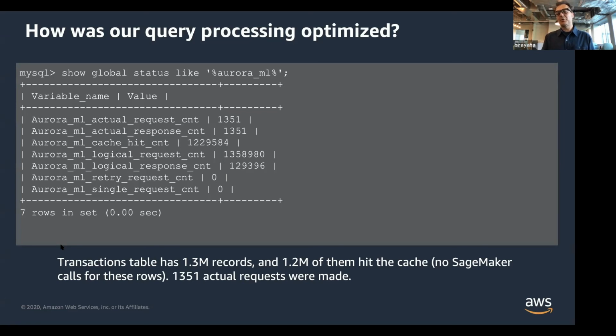So we were able to optimize the number of back and forth between Aurora and SageMaker, and basically only 1,351 actual requests were made.